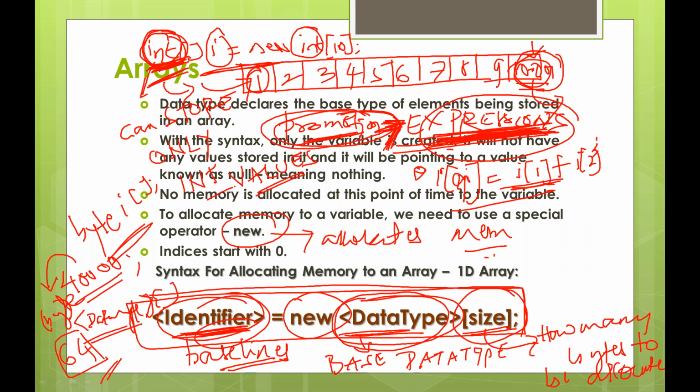Int has a range, let us assume some 6 million or something. Each and every element should abide by that rule. Within that range, you have to assign. Otherwise, like we saw here, this got converted to 64. Similar to that, it happens.